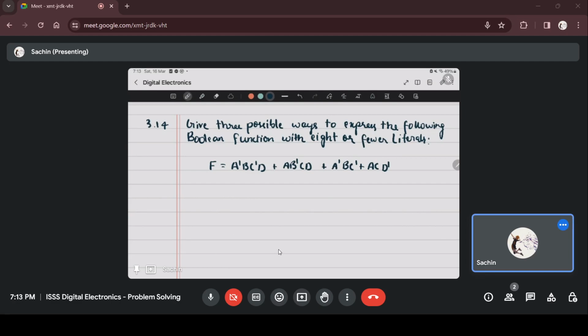There are multiple different ways of doing this. First, let's solve this using the sum of products.